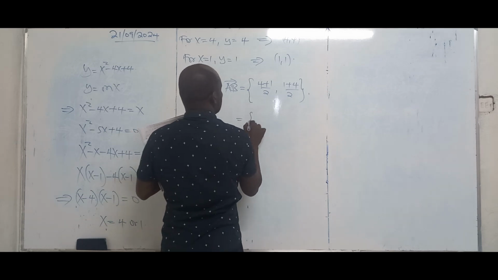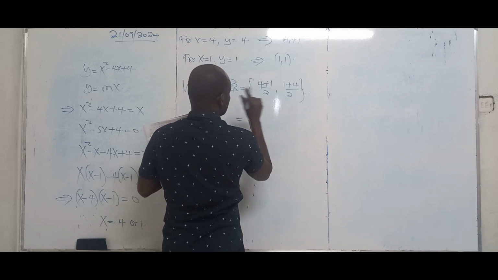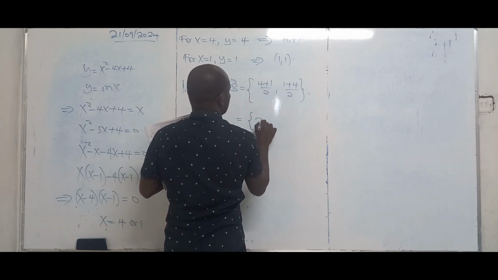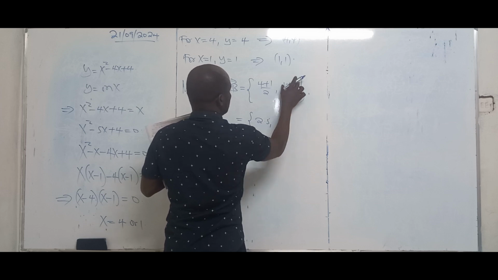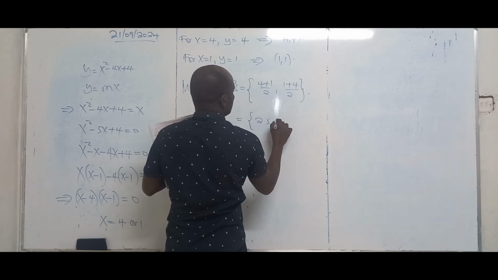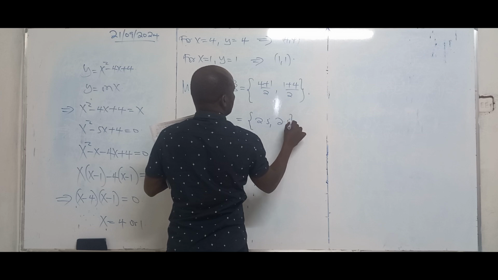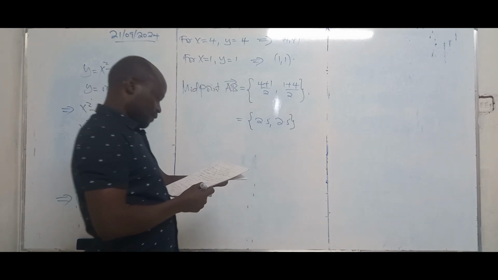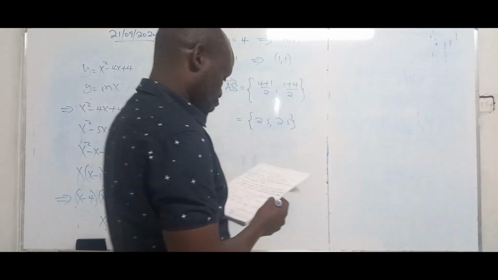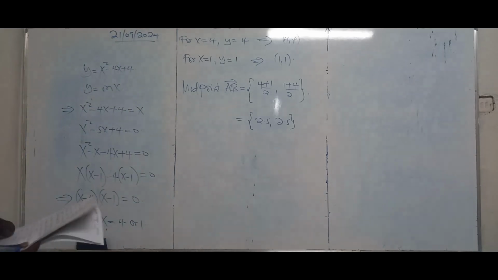That gives me 2.5, 2.5 as the midpoint of AB.